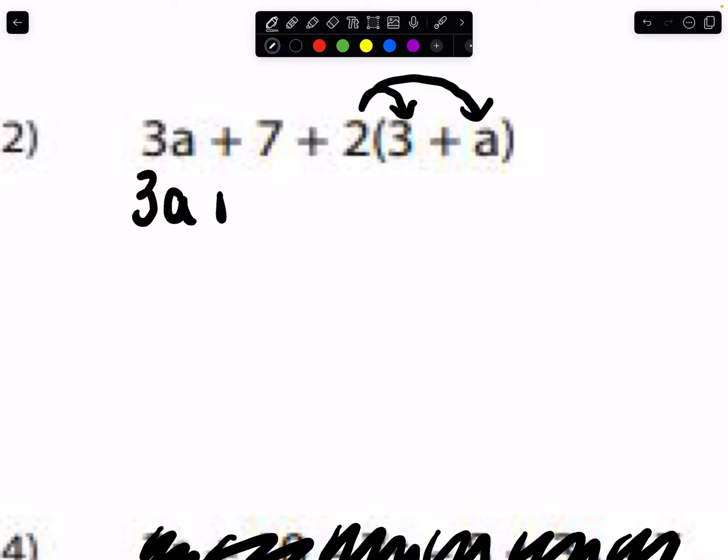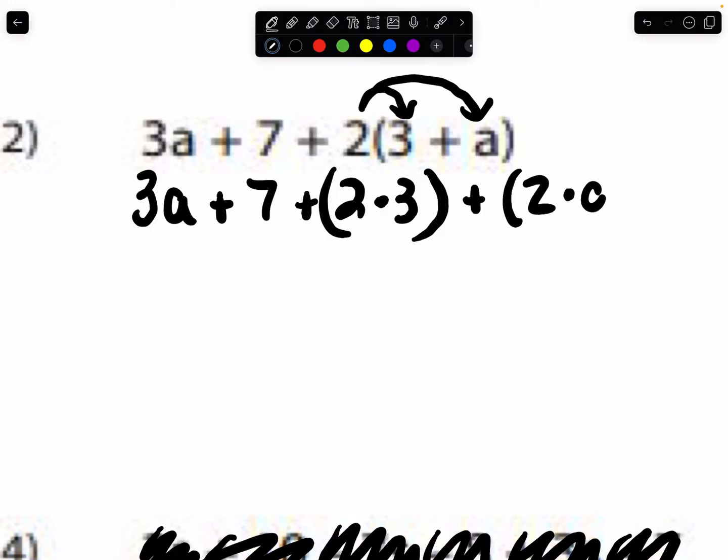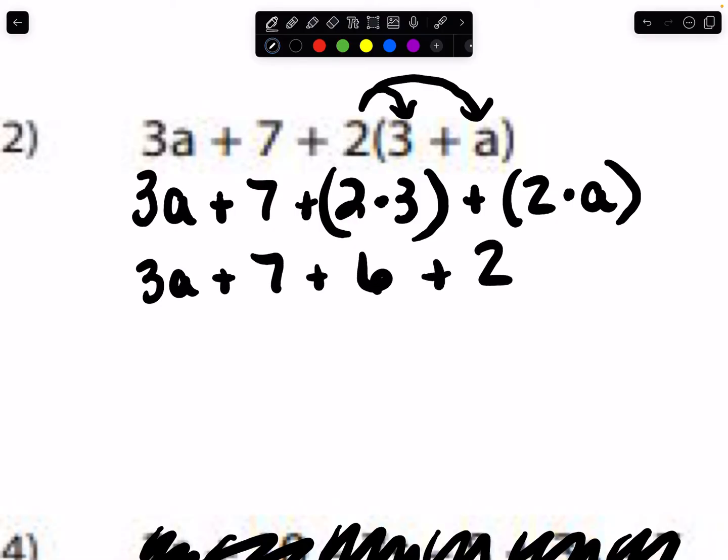So 3a plus 7 plus 2 times 3 plus 2 times a. We distributed it. Now we have to get rid of the parentheses. 3a plus 7 plus 6 plus 2a.